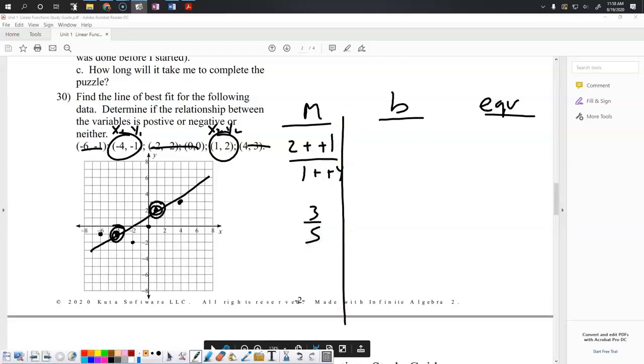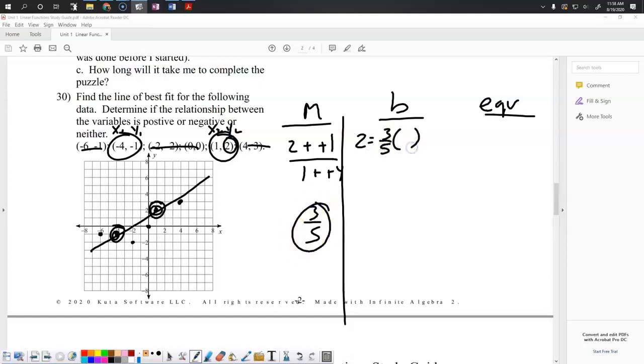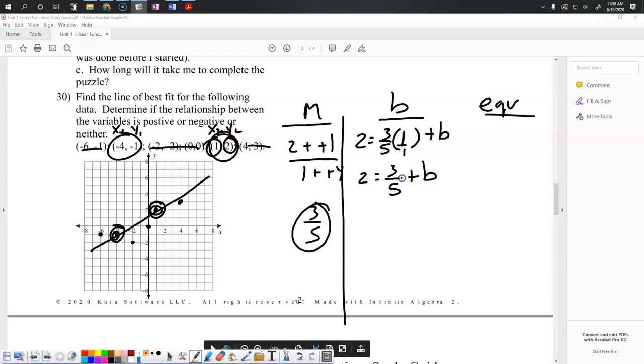To find b, we plug in a y, we plug in our slope, and we plug in an x to the y equals mx plus b formula, and we solve. So 1 times 3/5 is just 3/5. And then we're going to multiply everything by the denominator of 5 there. The reason we're doing that is so the 5's cancel and I don't have a denominator.